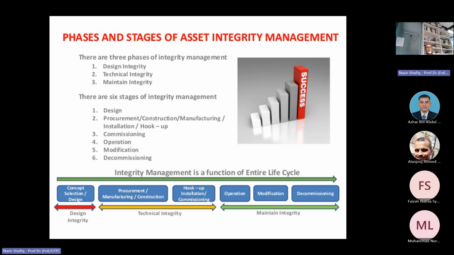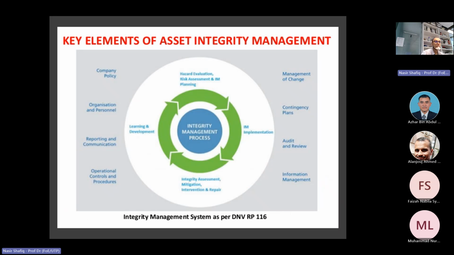So in sustainability terms it is also called life cycle management of the asset, right? So throughout the life cycle. So that is the linear diagram.